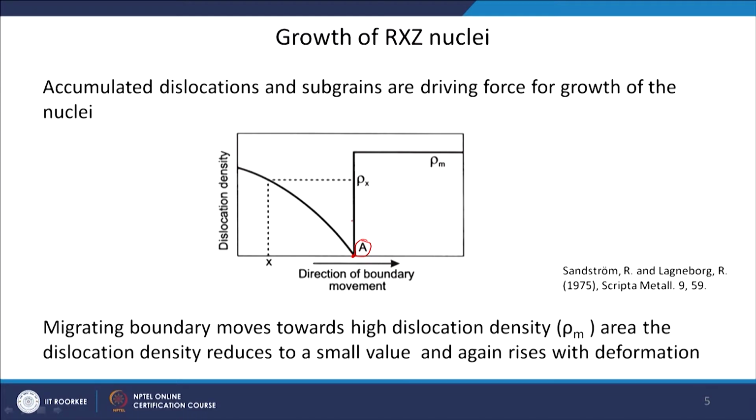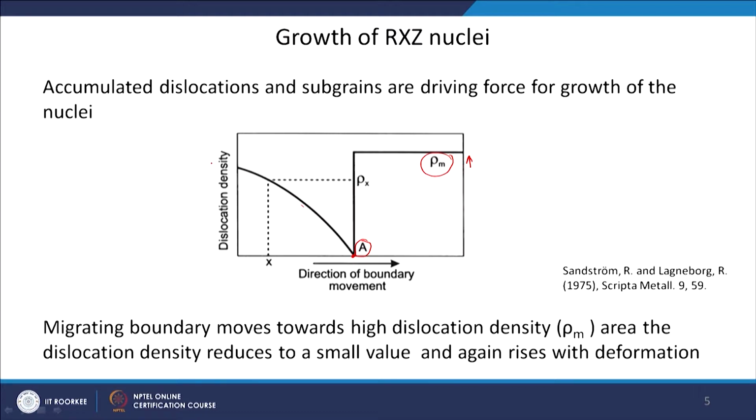Just ahead of this moving boundary, this bulge which is moving, you have the dislocation density of the matrix, which is very high. So, this interface sees high dislocation density ahead of it, because it is a strain free grain which is supposed to grow, and that boundary is growing. So, it has the lowest dislocation density, and as you can see, the dislocation density is again increasing.